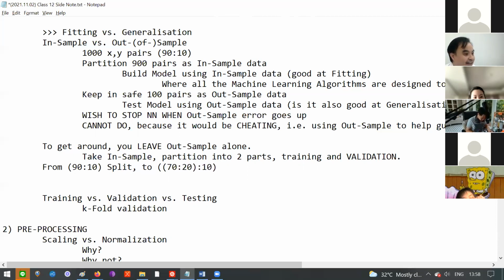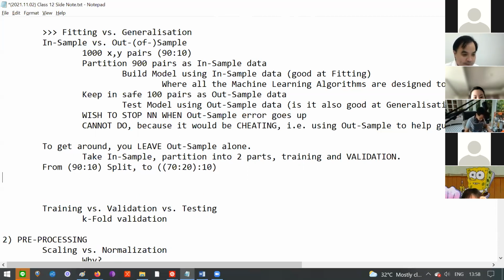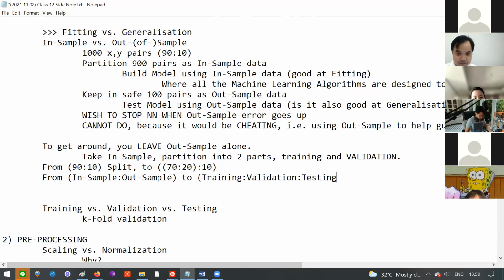So instead of training, so from in sample and out of sample, you go to training, validation, testing.